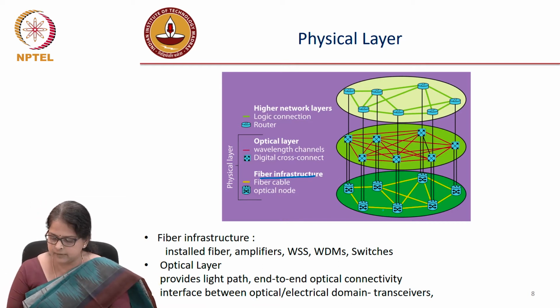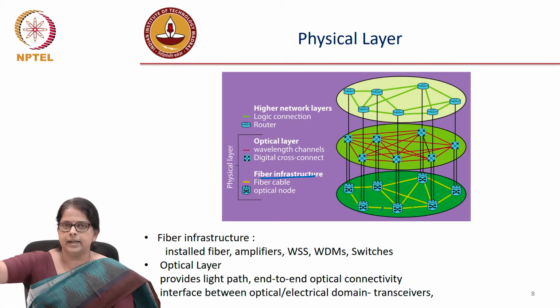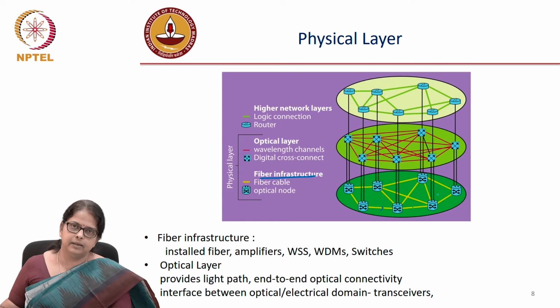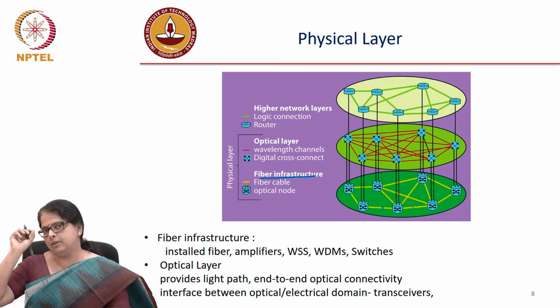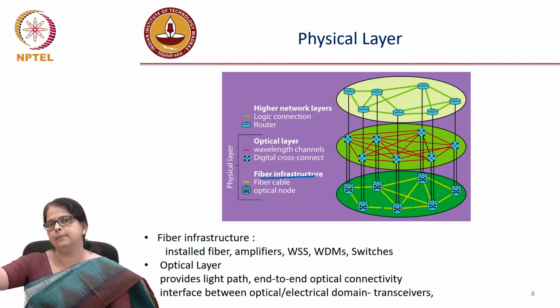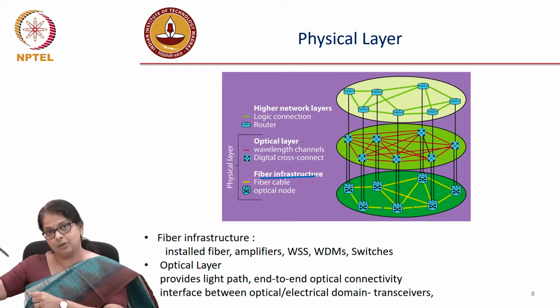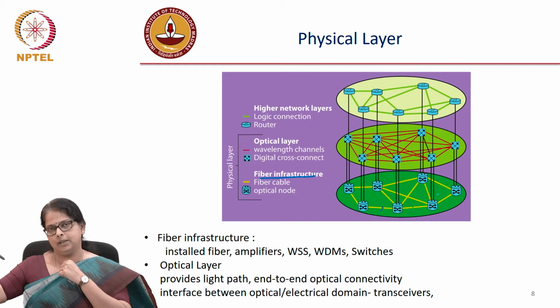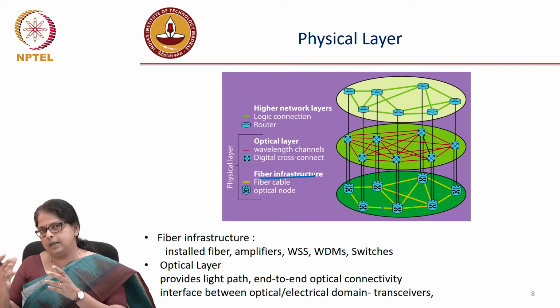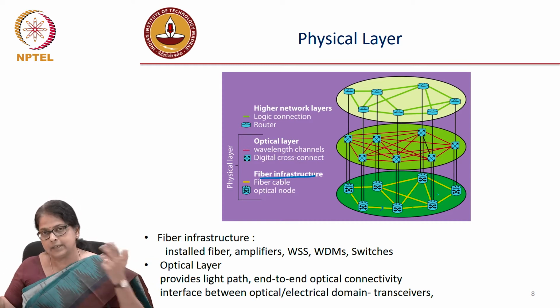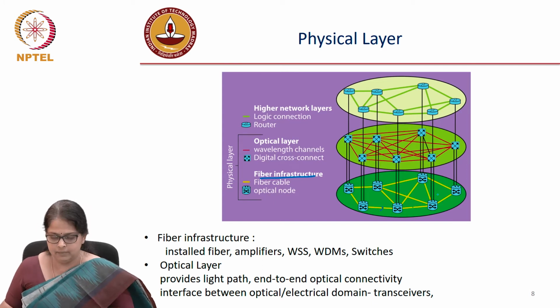You have the fiber link, which is shown in yellow here, that is laid either as a submarine network or as a terrestrial network, or it could be on OPGW cables, the ground cables of the electrical power connection, which have optical fiber in them for the purpose of communication. So it could be in the electrical power cables also.